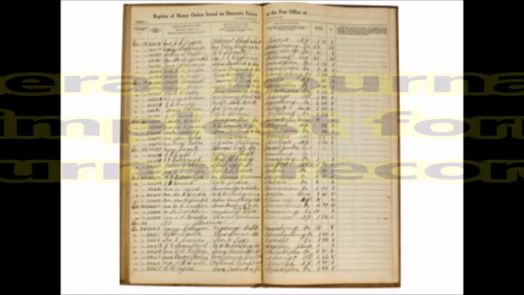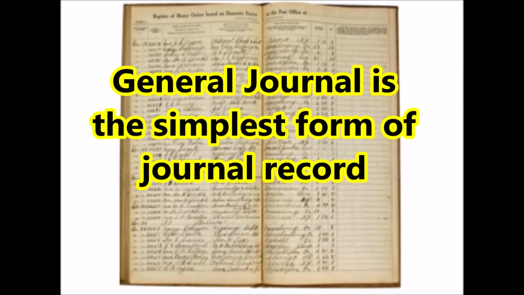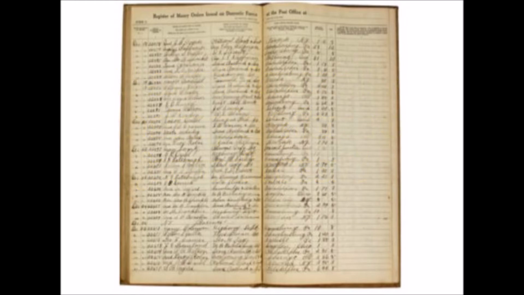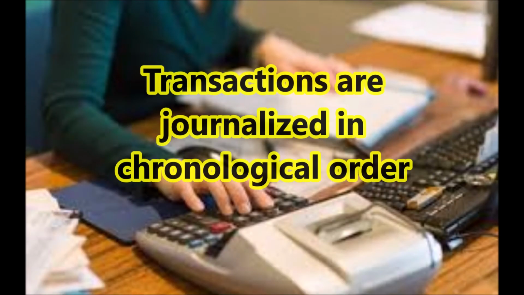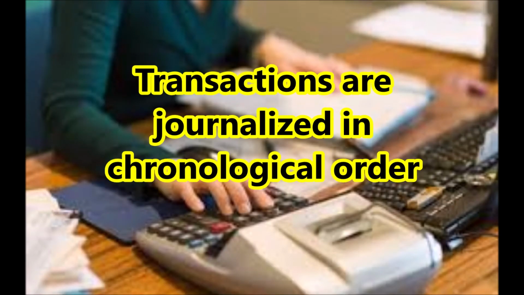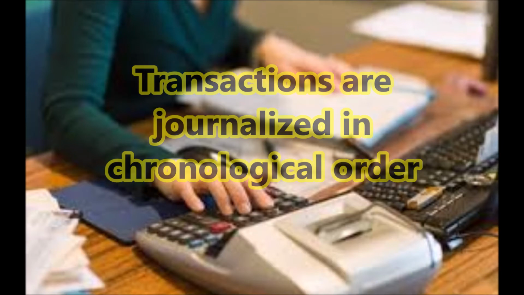The simplest form of journal record is called the general journal. And the process of recording the business transactions or event in the general journal is called journalizing. Transactions of the company are journalized in chronological order in general journal.